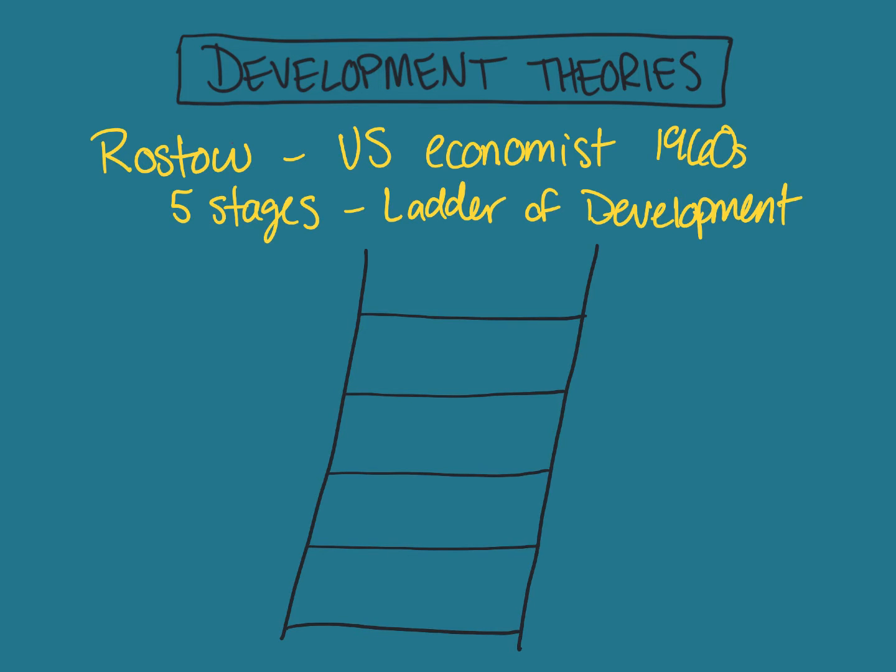The end goal for this theory is to end up at the top, in stage 5. So let's talk about each of the stages. I'll use green. We start at the bottom with stage 1. Can you see the green? It's called traditional. This is the traditional stage.